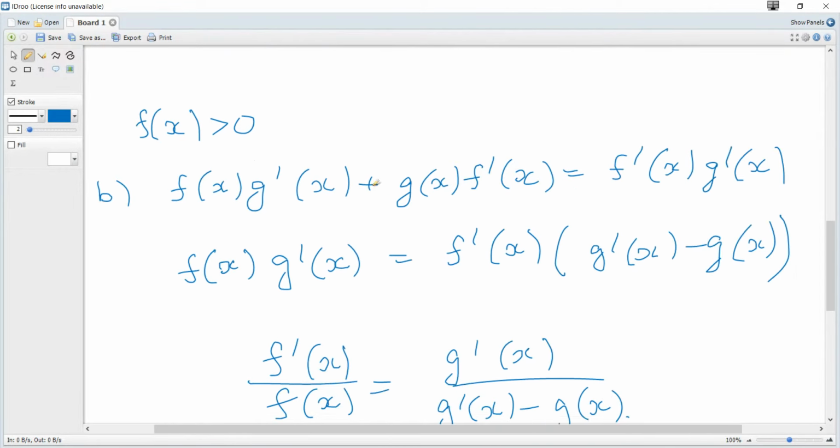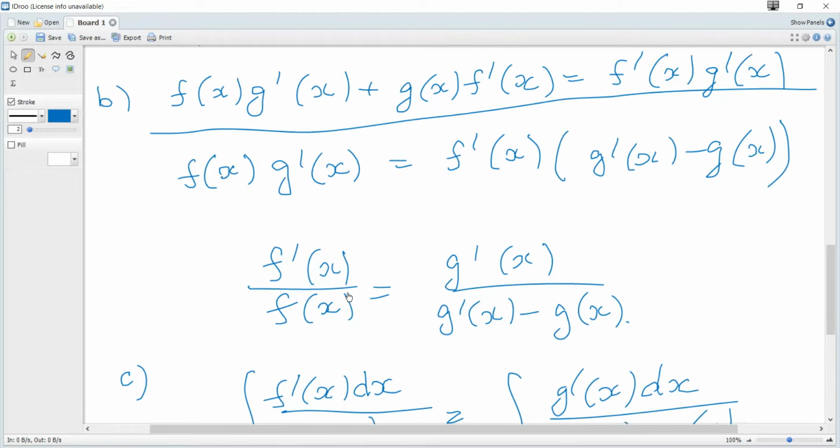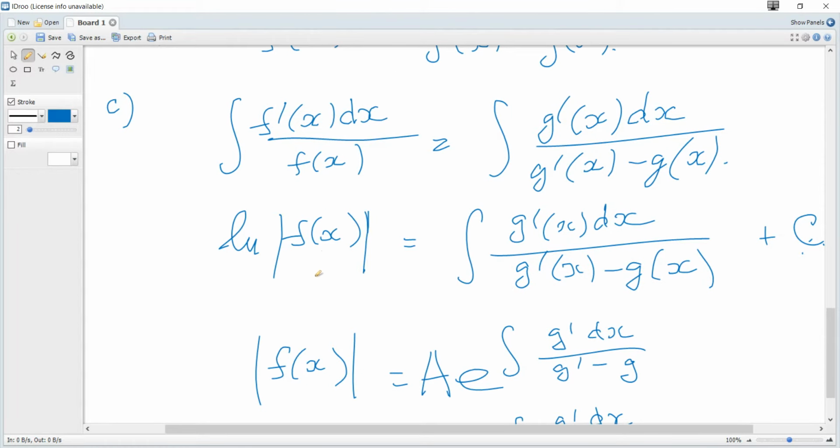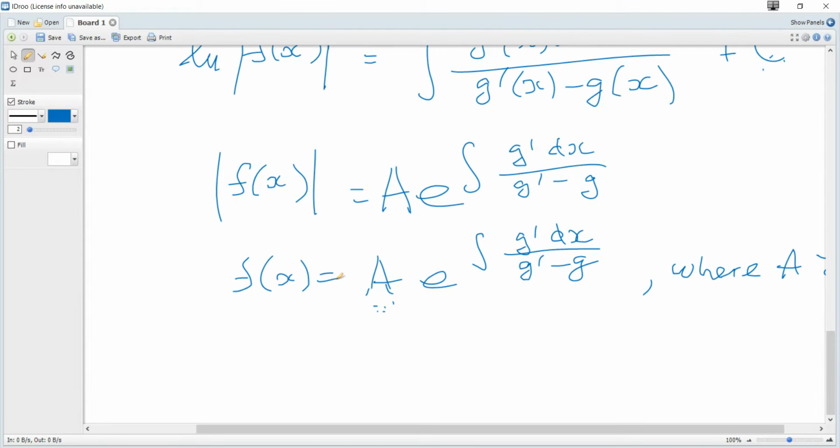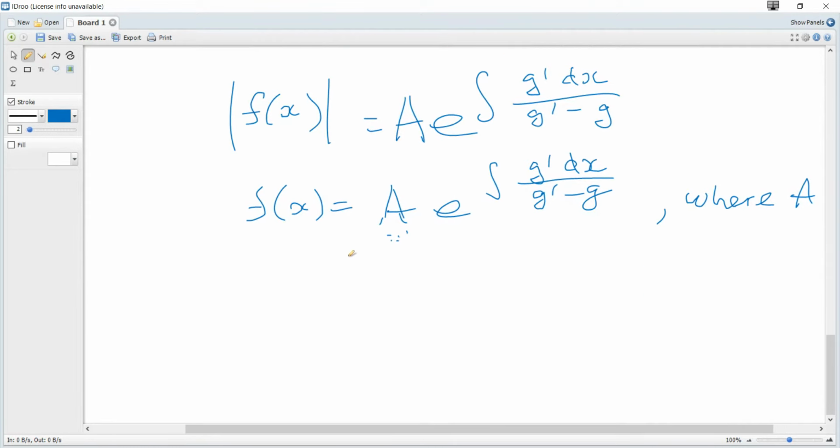And actually this differential equation arises from this condition when the product rule is equal to this. So the result from part C can be used to find pairs of functions f and g which satisfy both of the following. (fg) derivative is f times g derivative plus g times f derivative, the usual product rule, and together with f multiplied by g derivative is equal to f derivative multiplied by g derivative.